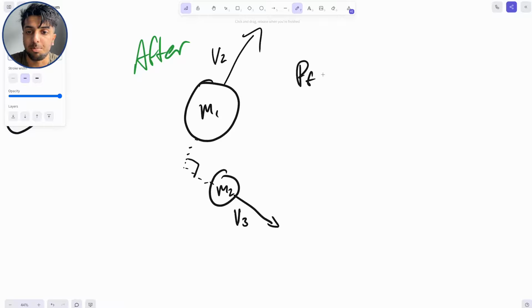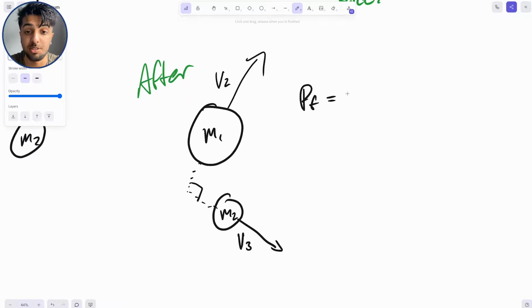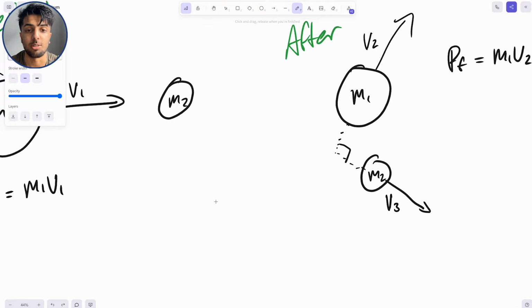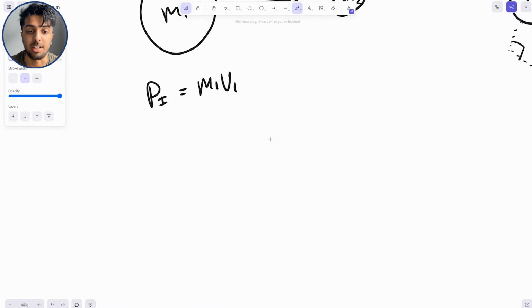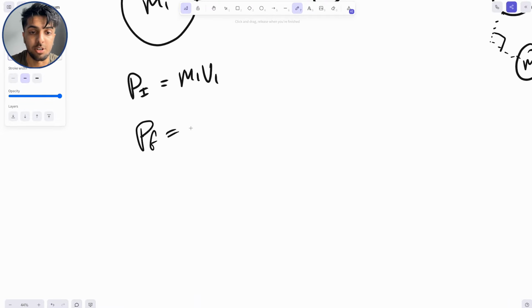And so our final momentum, pf, is equal to m1 v2 plus m2 v3, which is the momentum of m2. Now again, as we're working with vectors, we cannot just do this.